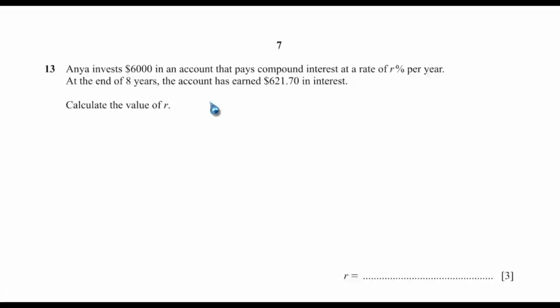Okay, so here we know that the principal, P, is equal to $6,000. The rate, R, equals R%, which is the same thing as R divided by 100, so that will give us 0.01R.